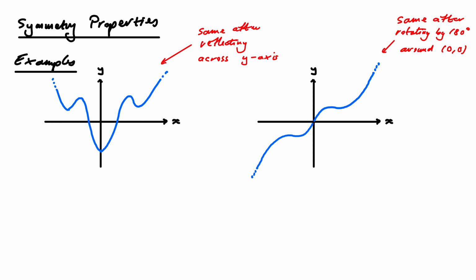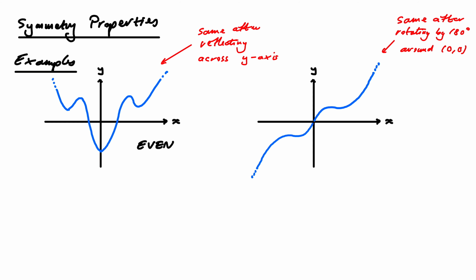So what I want to do is to single out what this means really precisely. So the first situation: if you have a function and it's completely symmetric when I reflect it in the y-axis, we're going to call this situation even, or we're going to say the function is even.